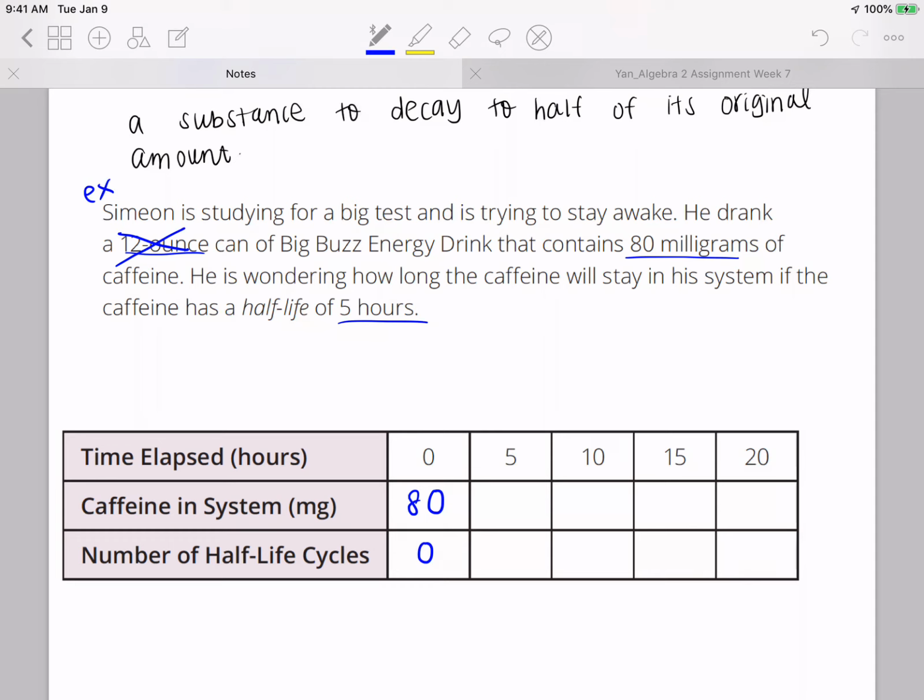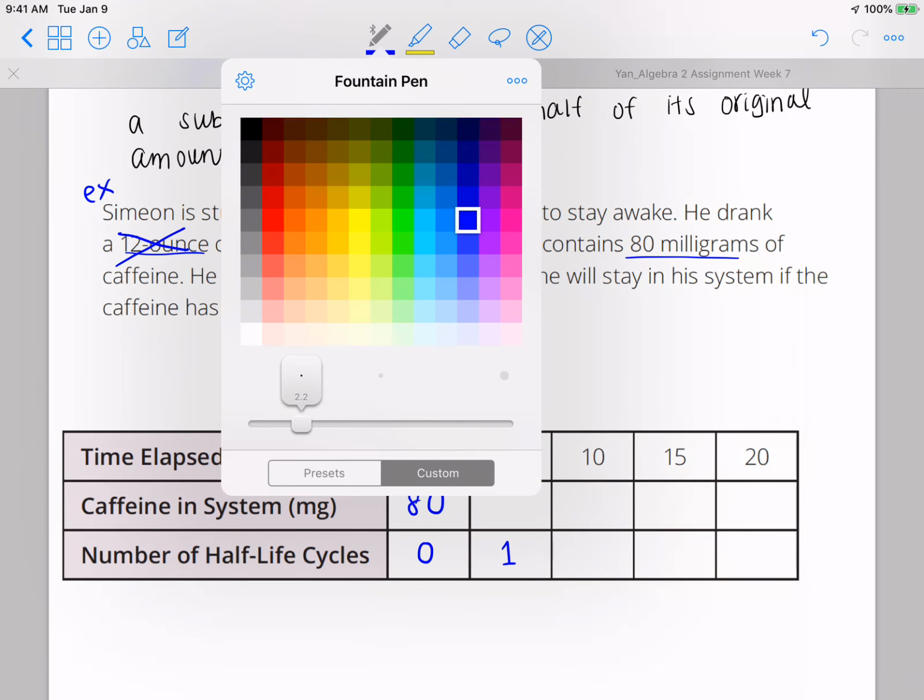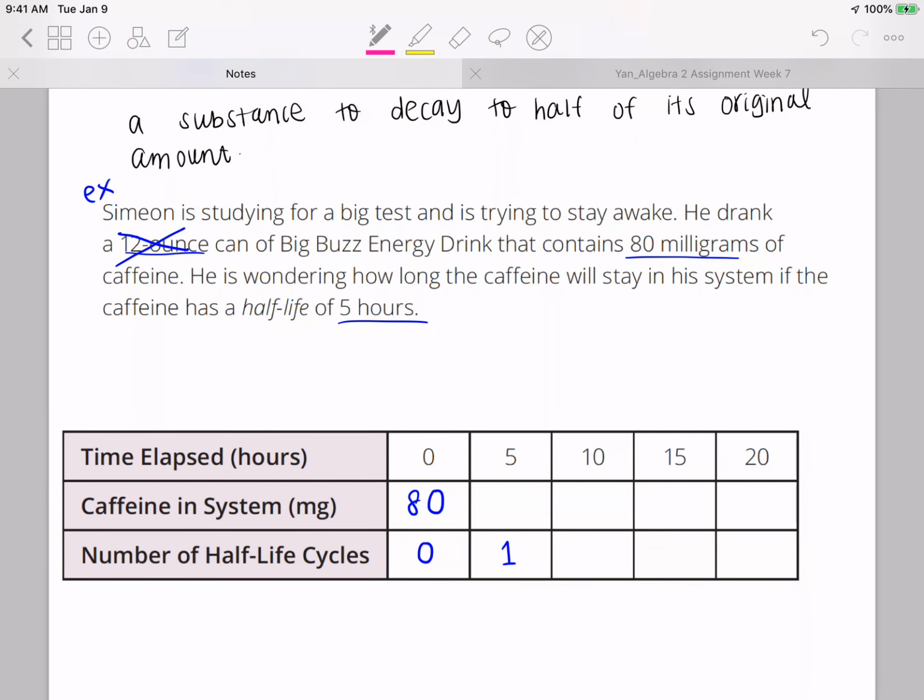We haven't gone through the half-life yet, okay? But after 1 cycle, that means after 5 hours, how much caffeine would he have left in his body? If the half-life is 5 hours, that means we're going to take half of this 80 milligrams, which is going to be 40.